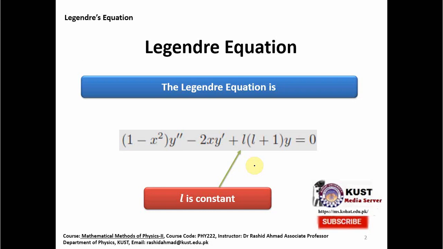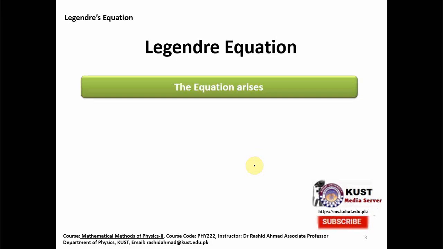For example, it arises in many problems in mechanics where we deal with the motion of objects. Whenever the object's motion is three-dimensional and has spherical symmetry involved, it could be very easily modeled with the help of a Legendre equation.